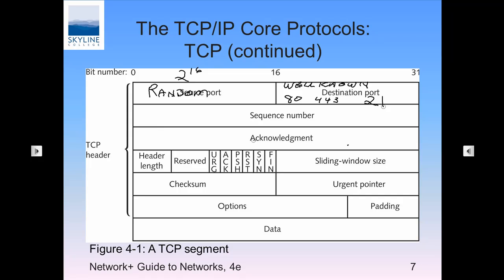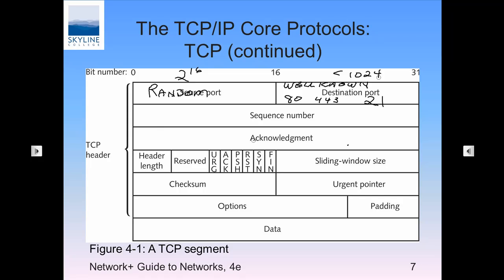So we have a random port, our source port and destination port. When we're going from us, we have a random port, 1024 or above. 1023 and below, so less than 1024, and there are some others that run in here.